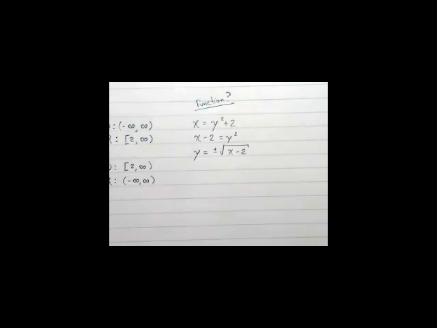Is that a function? Am I getting one output for every one input? No. I'm getting 2, right? Every time I plug a number in for x, with the exception of the number 2, because then I get 0. But if I plug in like a 3, 4, 5, what have you, I get 2 answers every time. So this is not a function, okay?